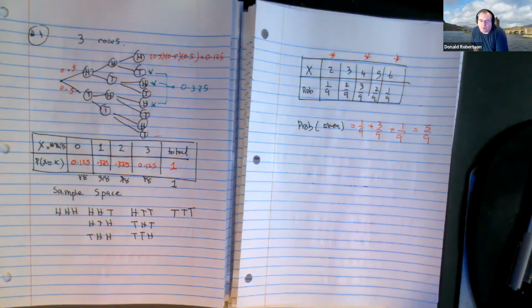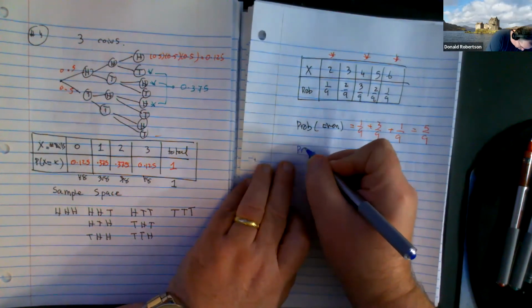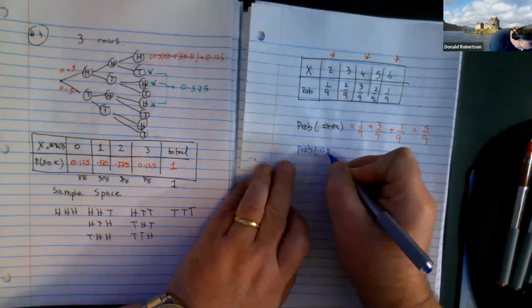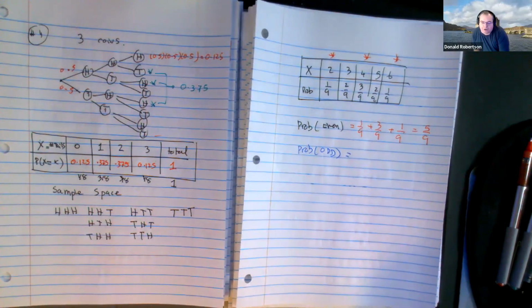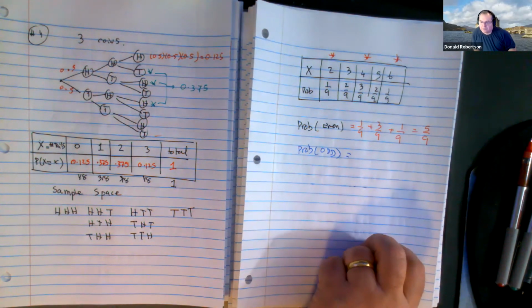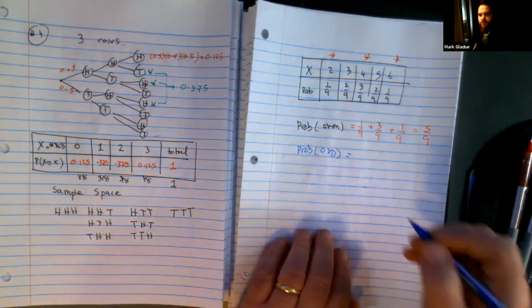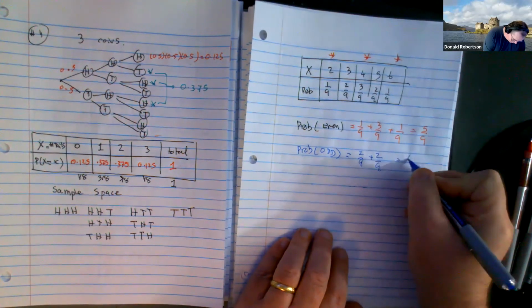Couldn't I ask you what's the... well, let's actually do it. If I went and said to you, what's the probability that you get an odd number? Who would you be using for that one? 3 and 5. Okay, and 3 happens that many times, and 5 happens that many times, and 4/9.